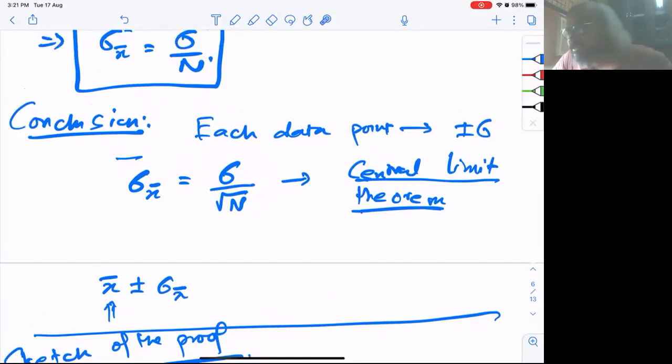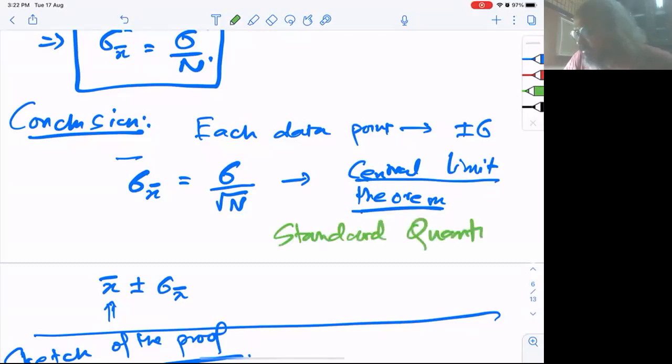This behavior, 1 over square root of n, has many different names. Sometimes in the theory of measurements it's called the shot noise limit, or even more famously, the standard quantum limit. I was trying to avoid this name.